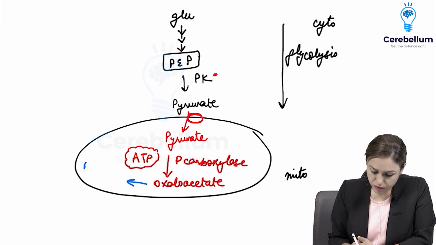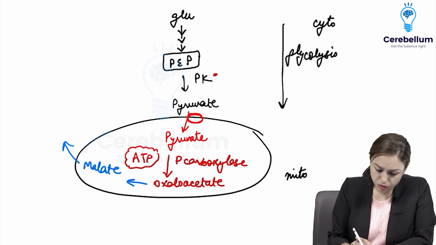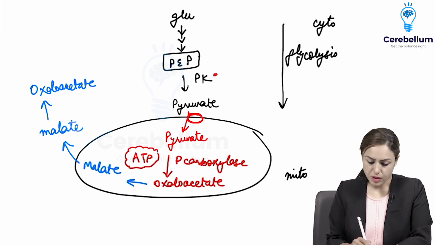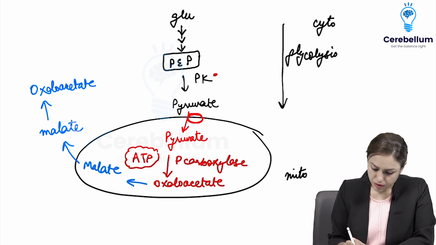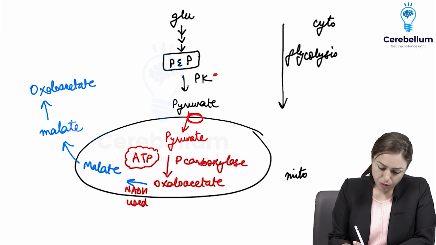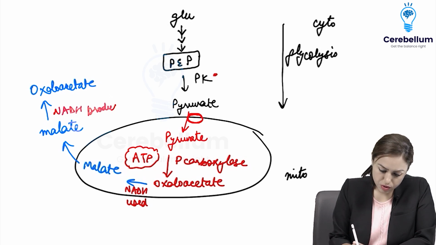First, oxaloacetate will be converted to malate. Malate can cross the inner mitochondrial membrane and reaches cytoplasm. In cytoplasm, malate can be again converted to oxaloacetate, right? And here NADH is used from oxaloacetate to malate, and from malate to oxaloacetate NADH is produced.